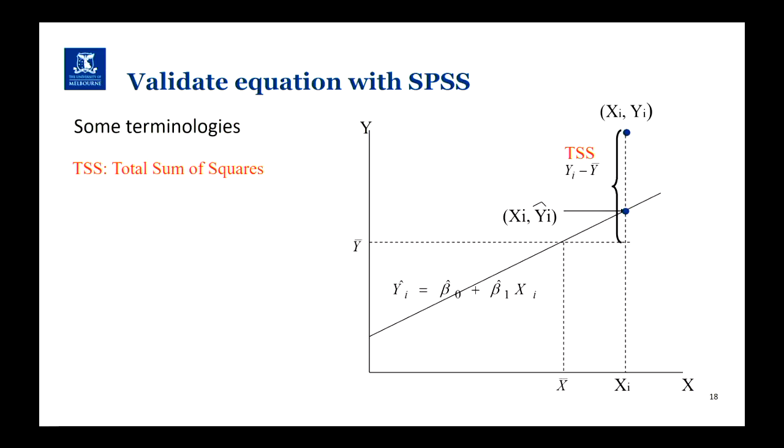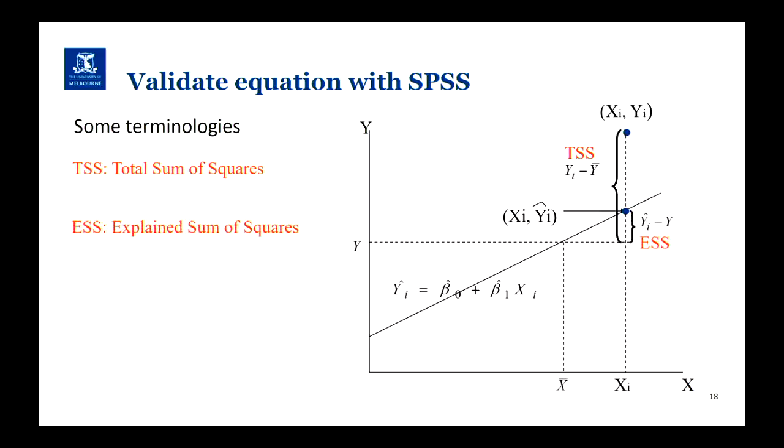That's the real value of the dependent variable, and we subtract the average value of the dependent variable. That indicates how far the real value is from the average, or from the mean.